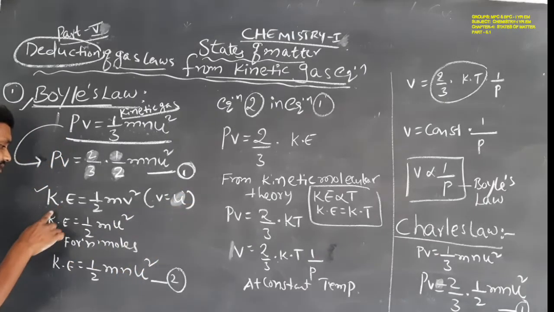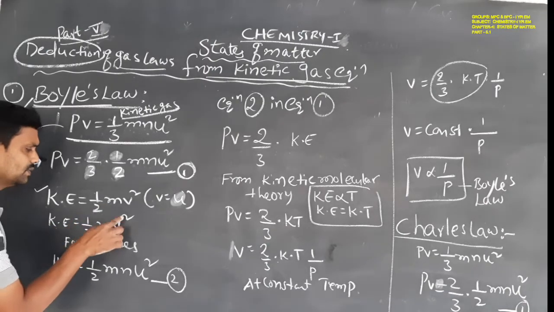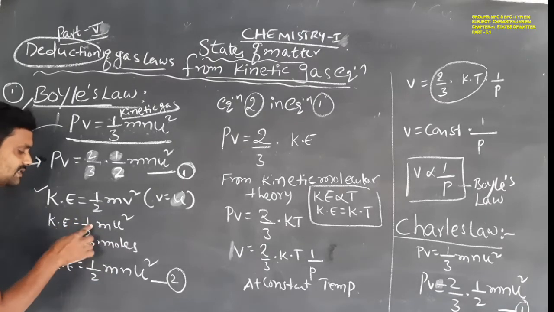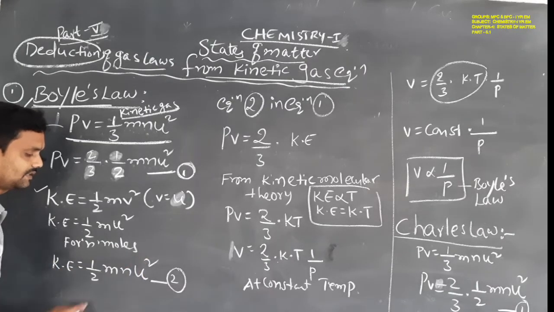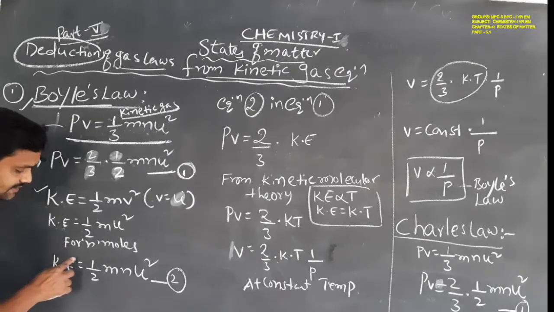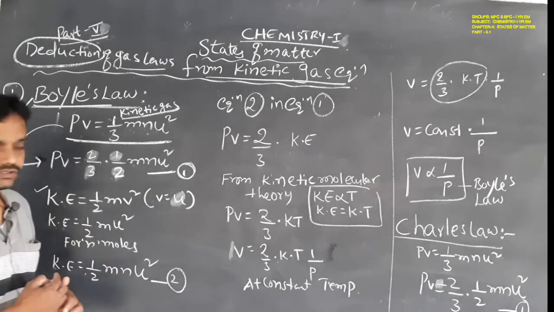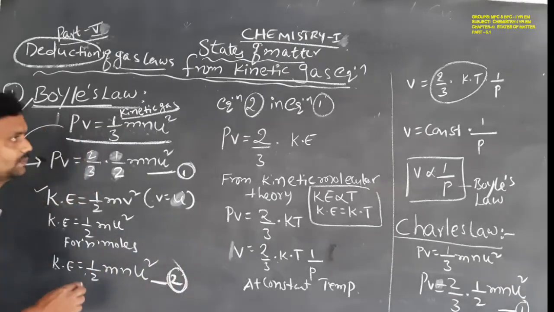Then this equation changes as K equals half mu square. So for n moles, the kinetic energy equation is K equals half mNu square. Let us call this equation 2.